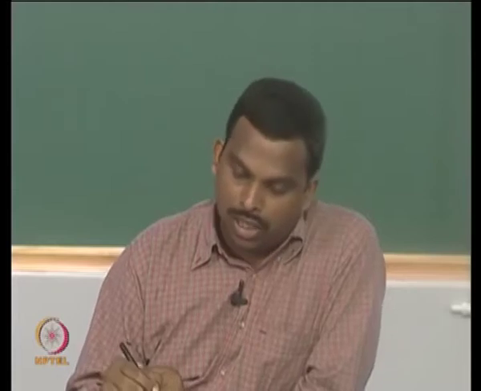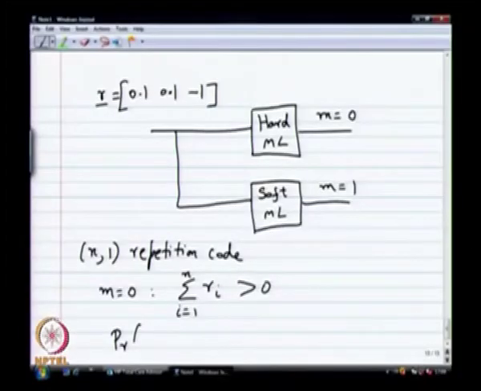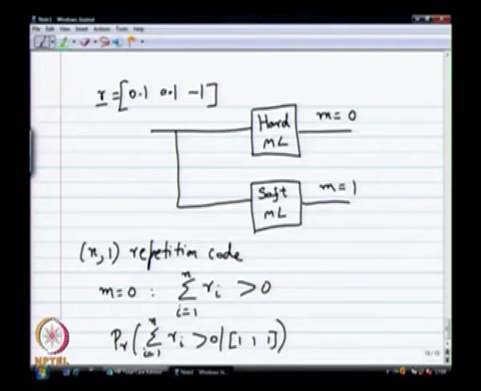Let us compute that. So let us try to find the probability that summation i equals 1 to n Ri is less than 0, given 1 1 1 was sent. This is the probability that you will make an error.